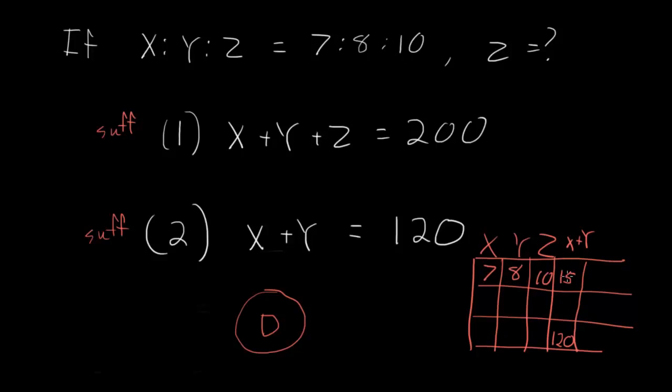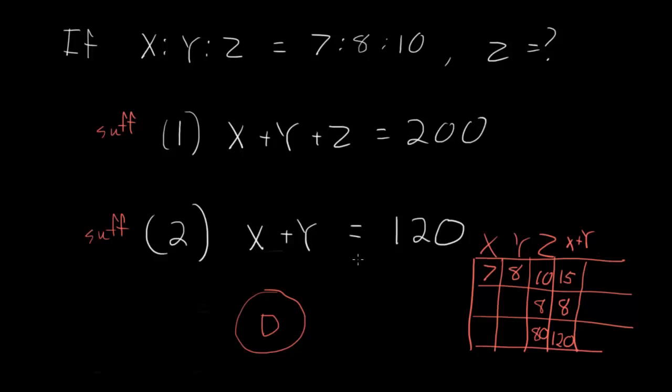We can find our multiplier. 15 times 4 is 60, so 15 times double that, or 15 times 8, is 120. And there's our multiplier. So for z, 10 times 8 is 80. So if we had to use a chart, it doesn't take too long to actually solve.